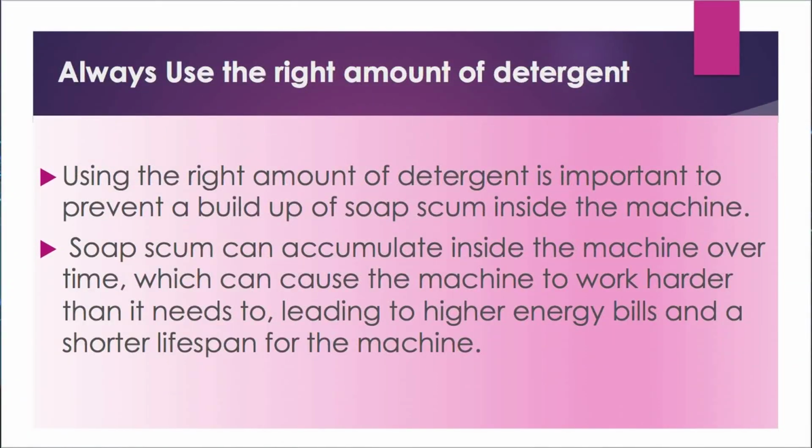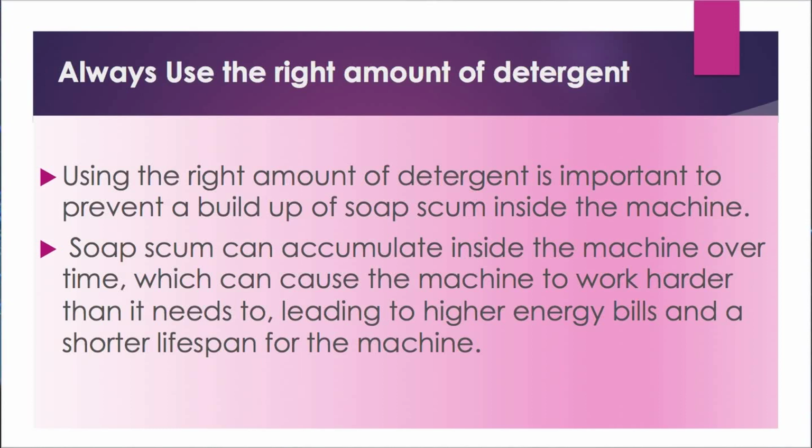Next important point is to use the right amount of detergent. Using the right amount of detergent is another important point to prevent a build-up of soap scum inside the machine.